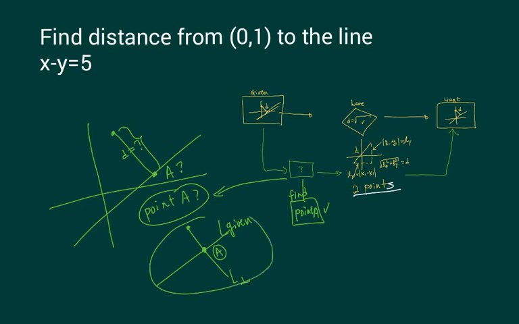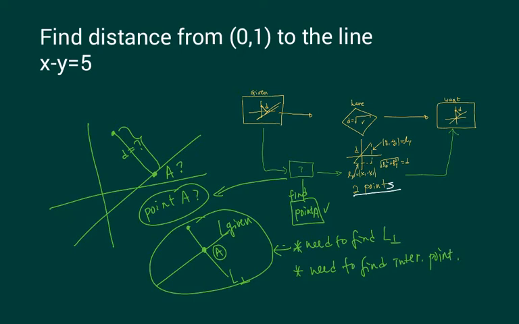To find point A, we need 2 steps. Number 1, we need to find the line that's perpendicular to it, and then we need to solve a system of equations, basically finding the intersection point between the 2 lines.